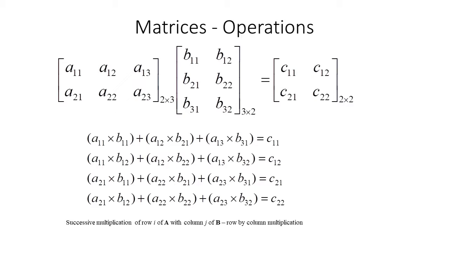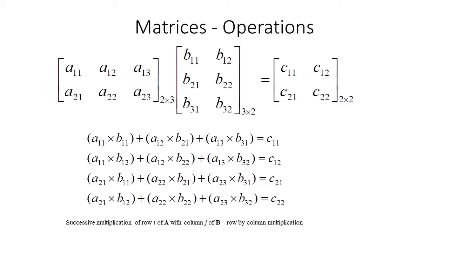So now here we are going to see how we multiply two matrices. It is like a rule. They give you two matrices. The first matrix is of order 2 cross 3 and the second matrix is of order 3 cross 2.